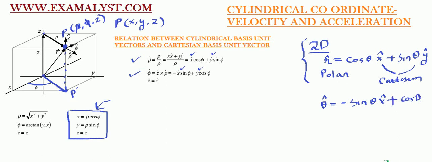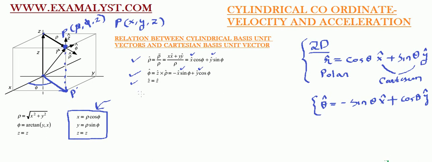So you see it is almost the same here, instead of theta we have phi. But you see there is no conversion for z, because z of the Cartesian coincides with the z of the cylindrical coordinate system.